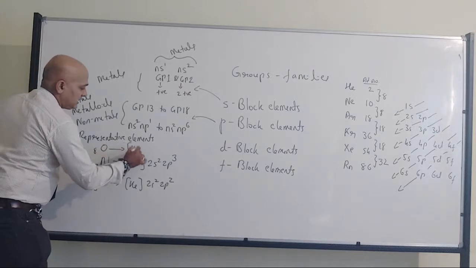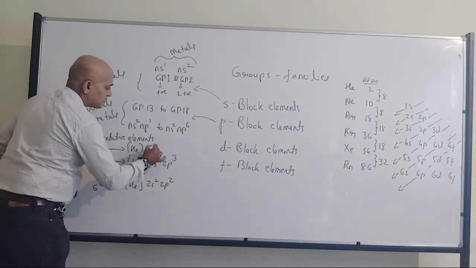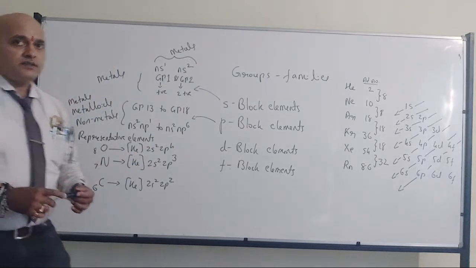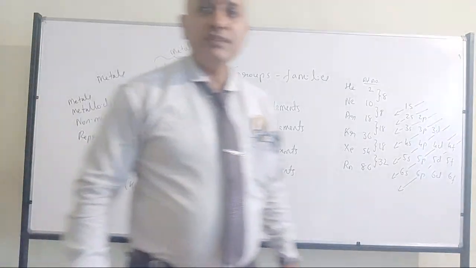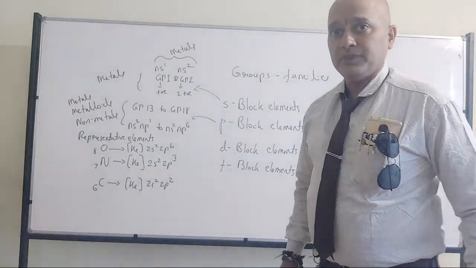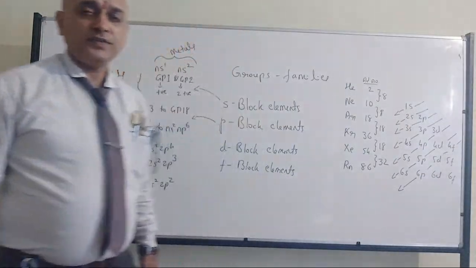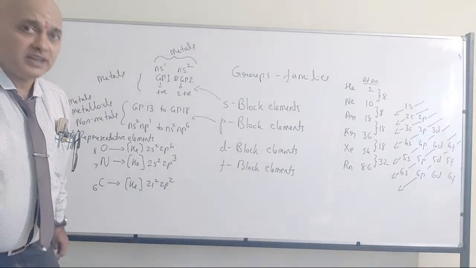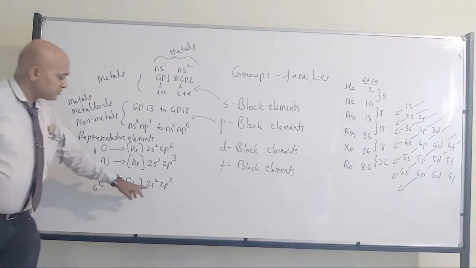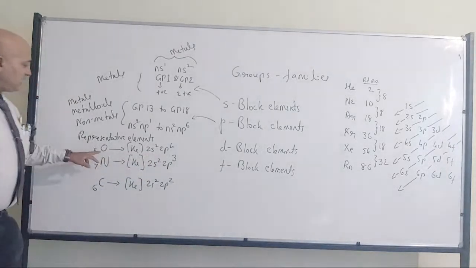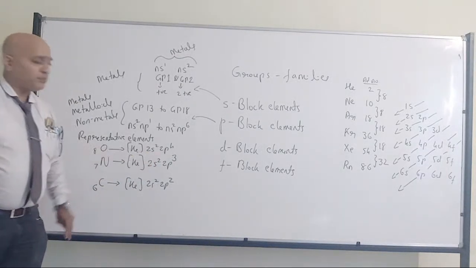Once again, helium, then 2s2, 2p4. That's where we have the electronic configuration. Now can you comment on it? Carbon is 2s2, 2p2, nitrogen is 2s2, 2p3, oxygen is 2s2, 2p4.